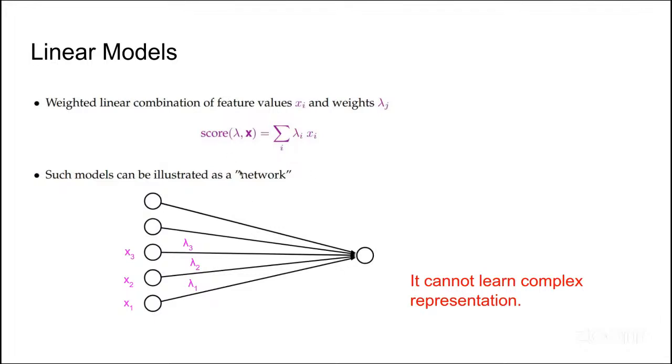So a linear model is nice. It's very easy to define and very easy to learn, but it cannot learn complex functions. To learn complex functions, we need to introduce non-linearity in the system.